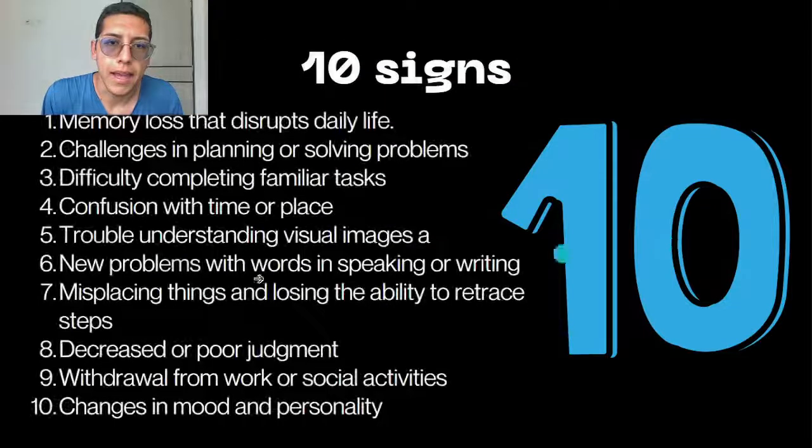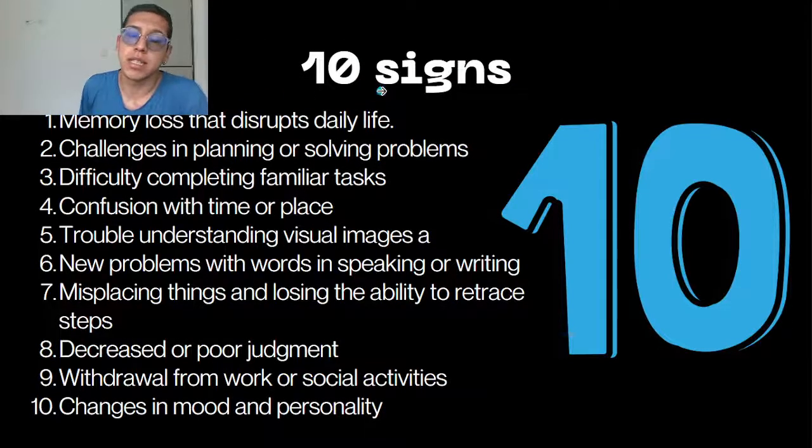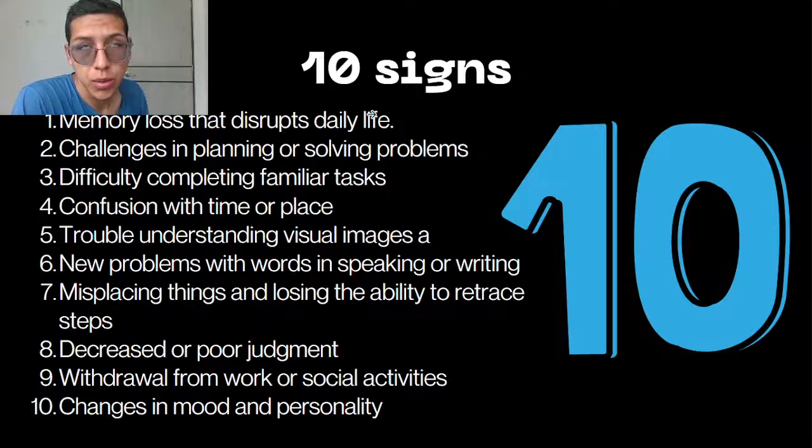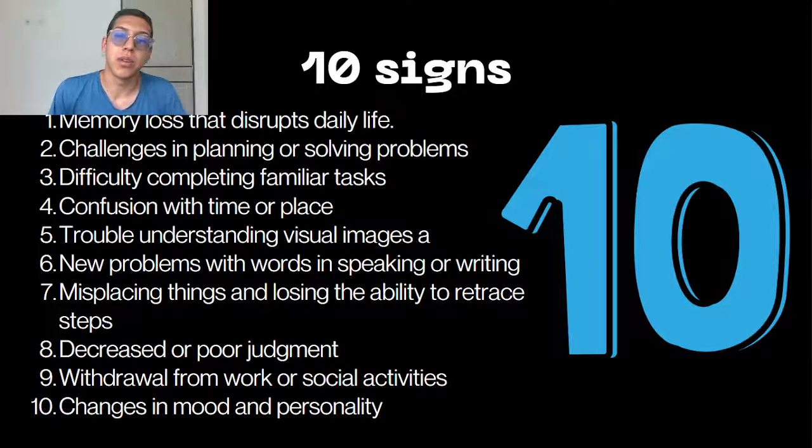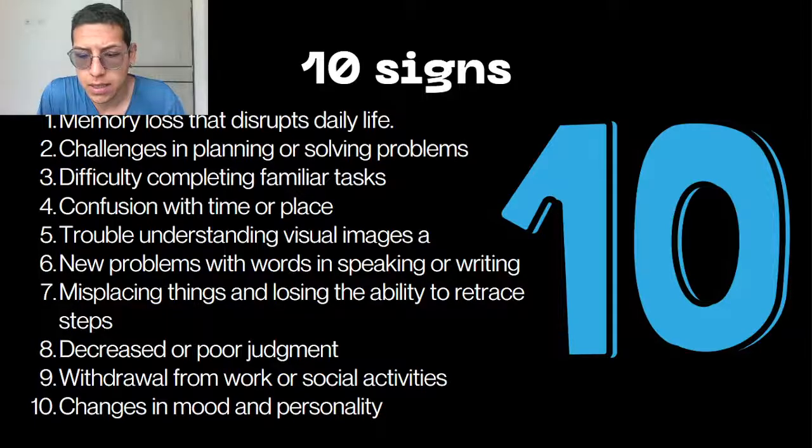Well, according to the Alzheimer's Association of the United States of America, there are 10 signs to care about because they are correlated with Alzheimer's. Number one is memory loss that disrupts daily life, and it is when you forget things and don't remember them.